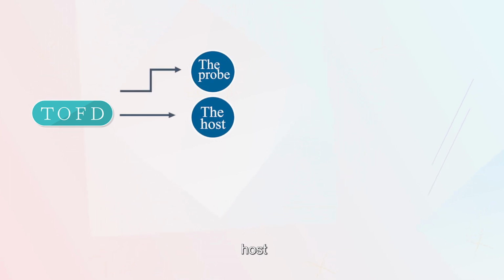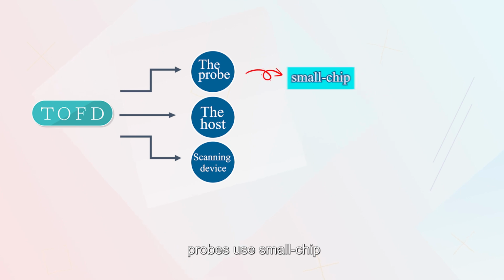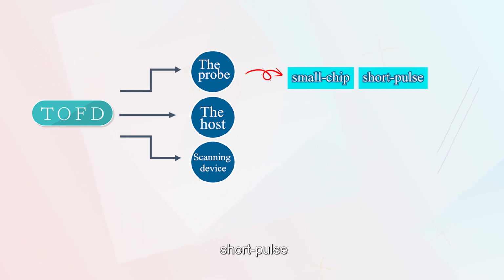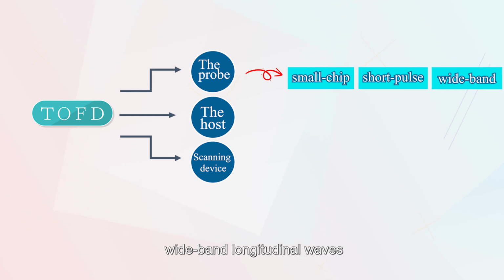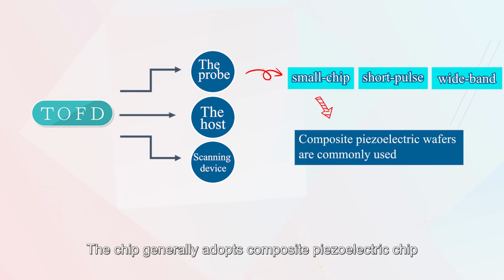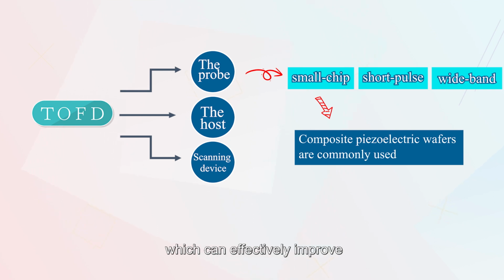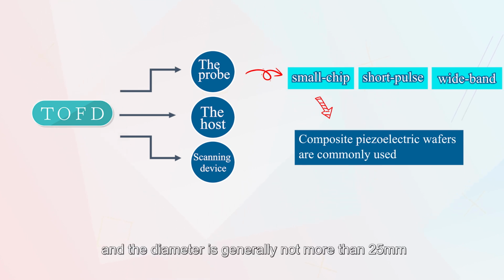Basic configuration of TOFD testing equipment includes probe, host, scanner, etc. Typically, probes use small chip, short pulse, wideband longitudinal waves. The chip generally adopts composite piezoelectric chip, which can effectively improve the sensitivity of transmitting and receiving, and the diameter is generally not more than 25 mm.